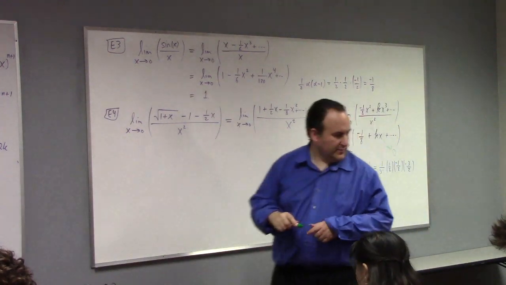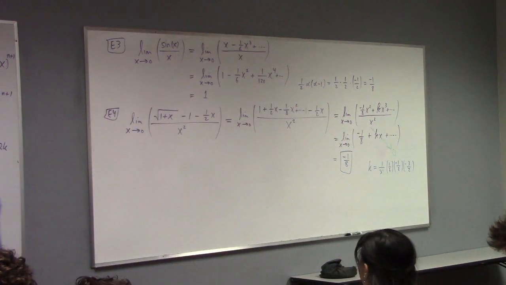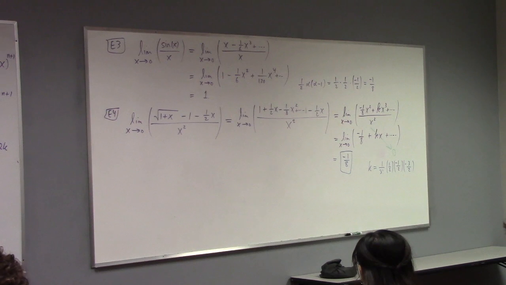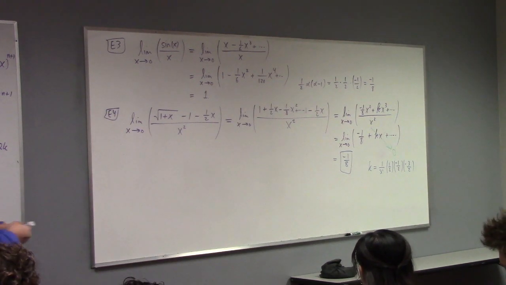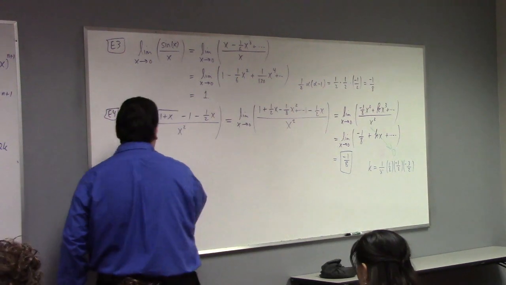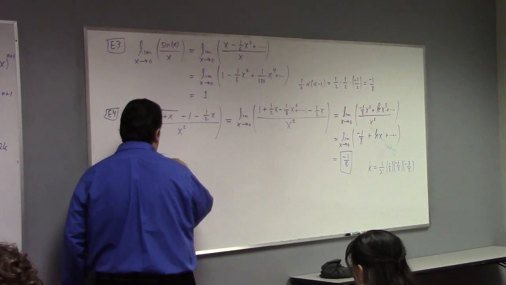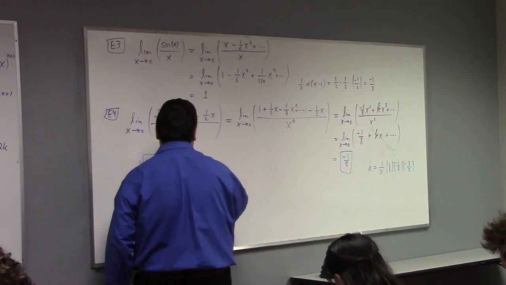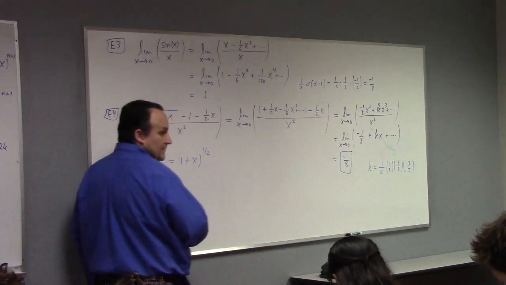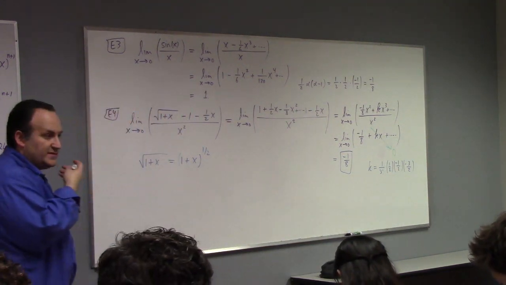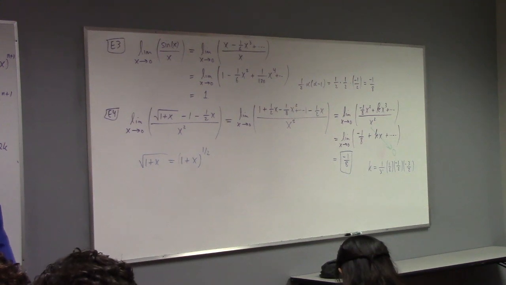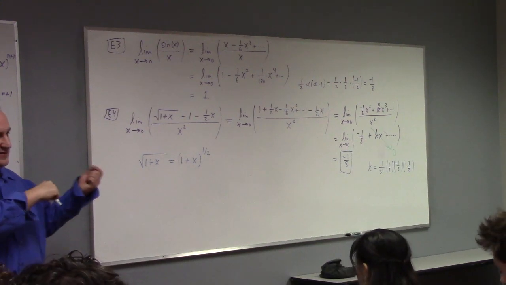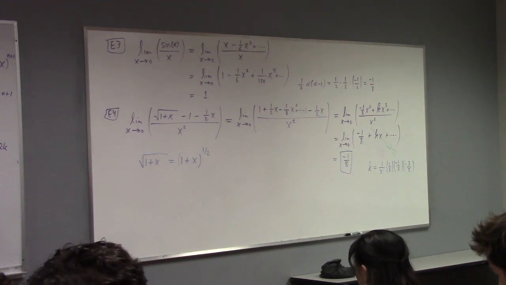Let me see if I can find another one. Yeah. Just to be clear, the square root of 1 plus x, actually the divided series. Yes, that's binomial series. Yeah, I'm using binomial series. So the square root of 1 plus x is 1 plus x to the 1/2 power. And so that's the binomial series if you want to expand it. Or we could take derivatives and plug in 0.